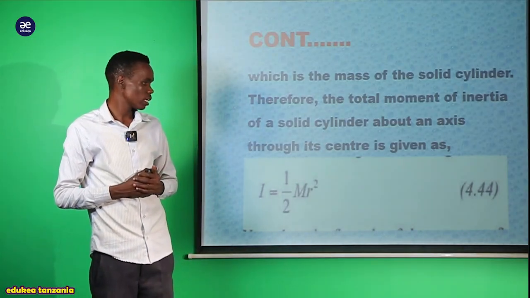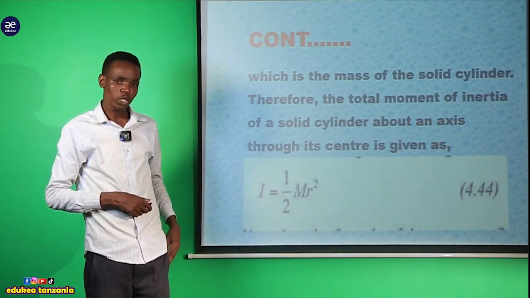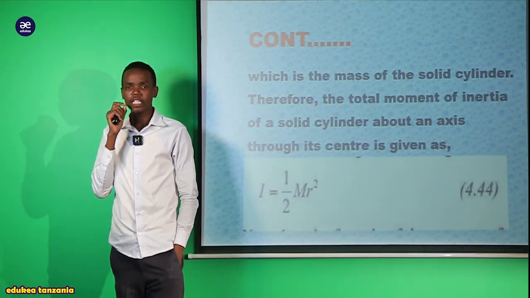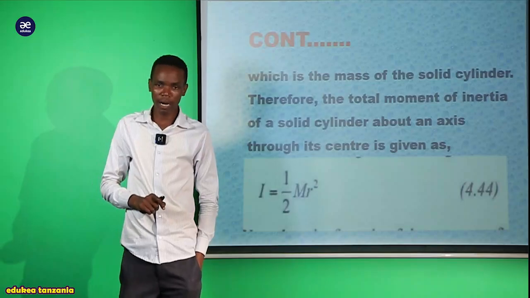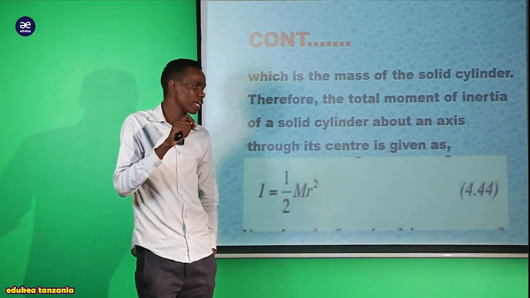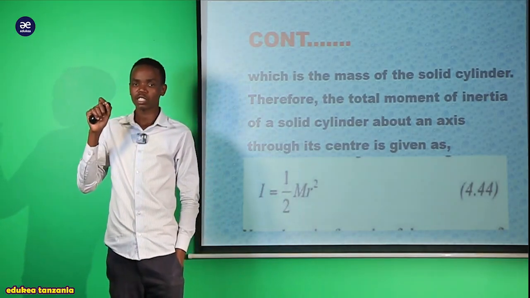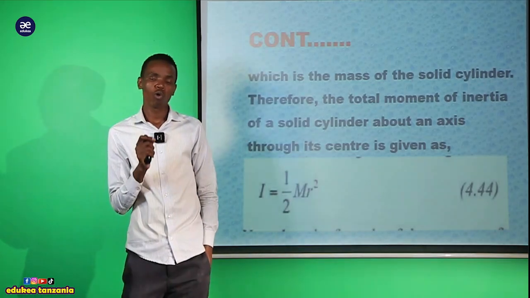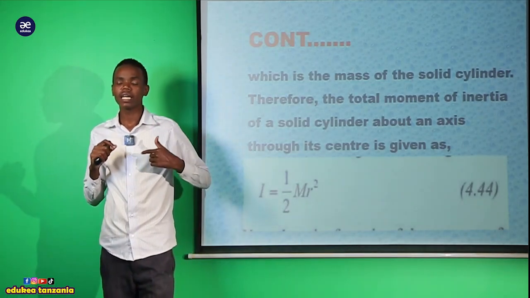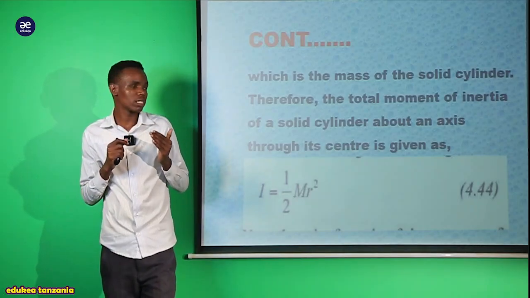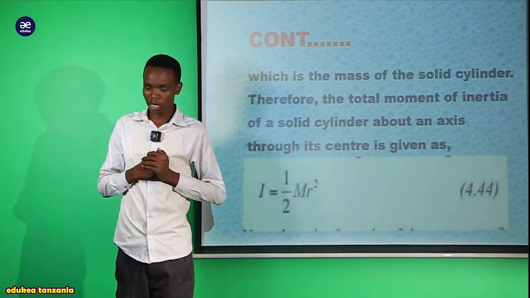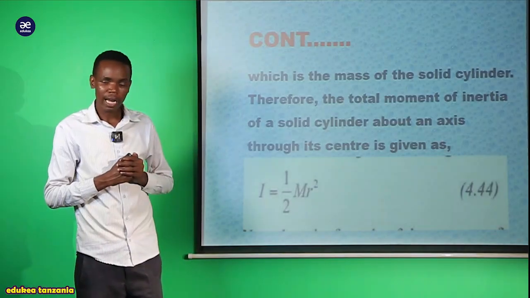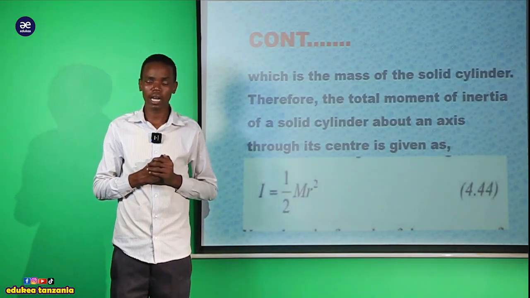Now, my lovely student, we should conclude by saying that the total moment of inertia for the solid sphere is given by half M r square, where I represents the total moment of inertia, M represents the total mass, and r represents the radius.